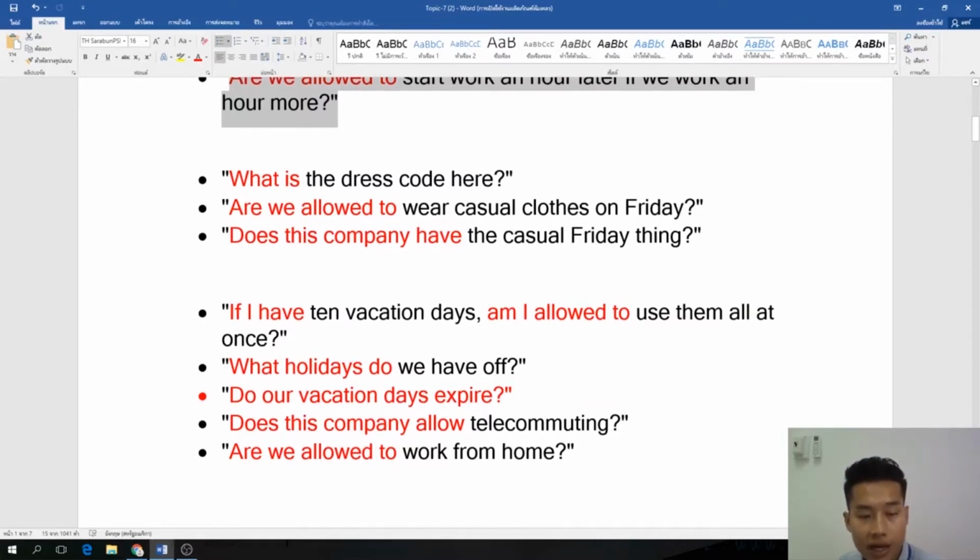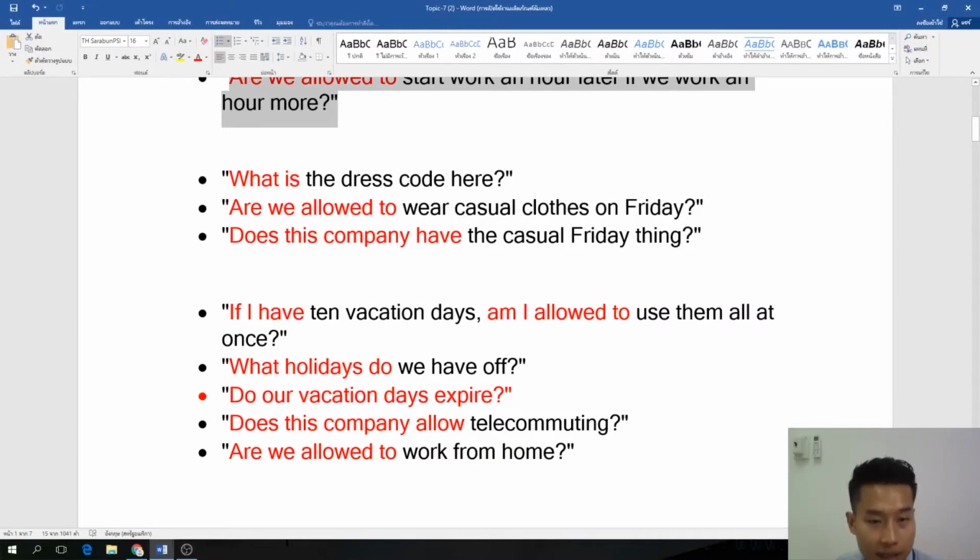And then in this case, are we allowed to wear casual clothes on Friday? Are we allowed to wear? Are we allowed to work? Are we allowed to eat? Are we allowed to go? You see, you can change all the time. Are we allowed to wear casual clothes? It's like, do you permit wearing casual clothes on Friday?